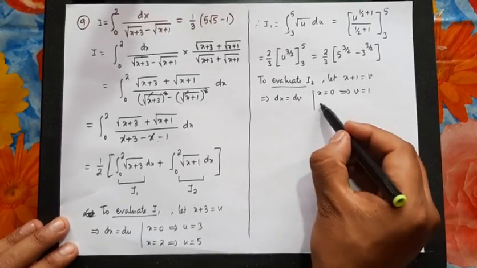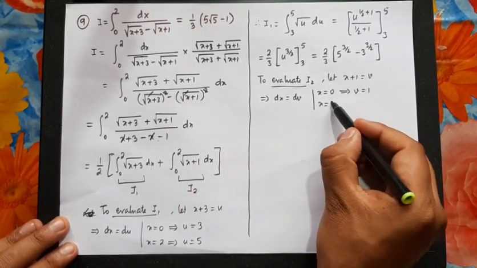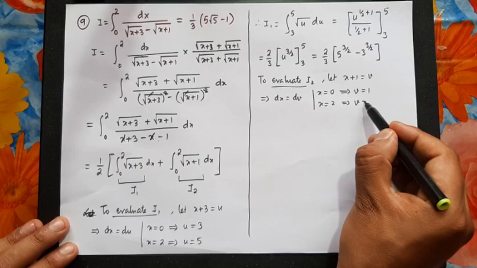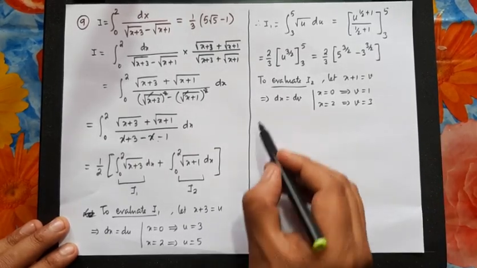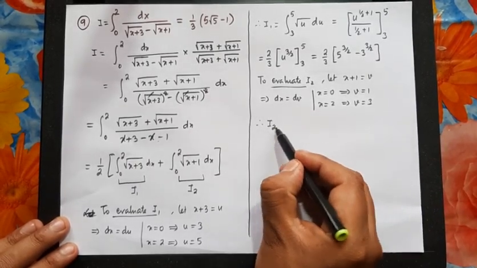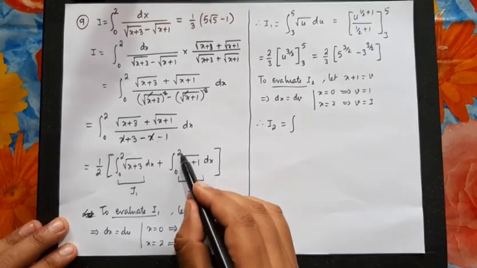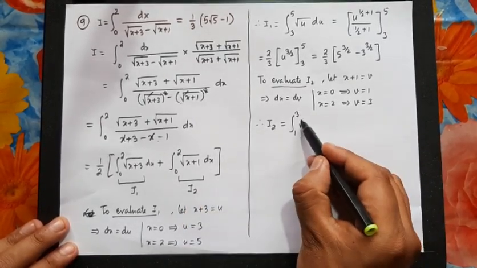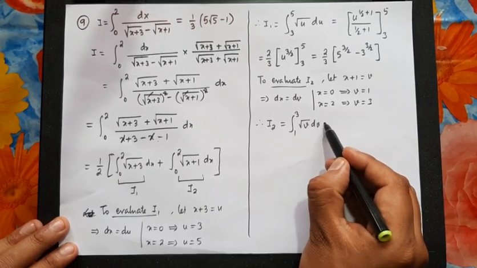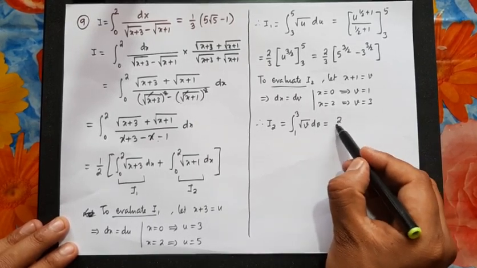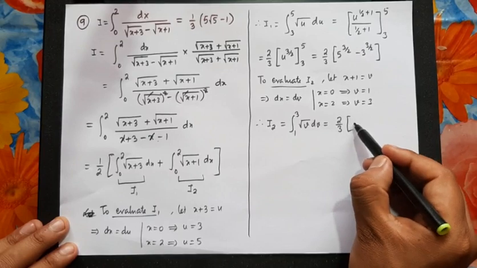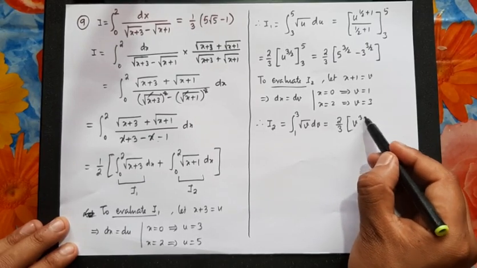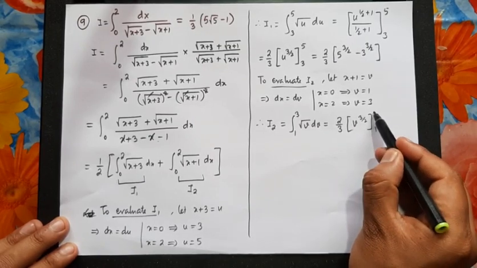And when x is equal to 2, then v will be equal to how much? It will be 3. So your I2 will become integral 1 to 3 square root of v dv, and again this is equal to 2 by 3 v to the power 3 by 2, lower limit, upper limit.